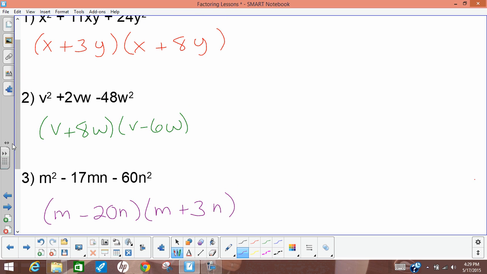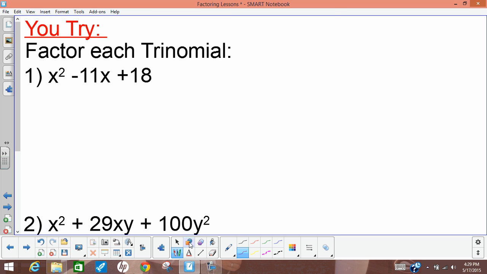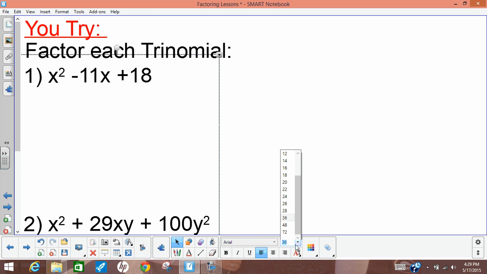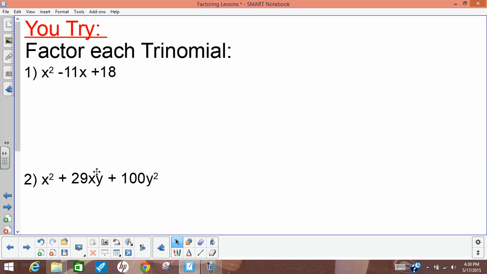Remember again, if you had either of those parentheses out of order, we're okay because it doesn't matter which order we multiply. So we've got two tries. Go ahead and give them a shot. We're factoring one regular trinomial and then one trinomial that has two variables that we just did on the previous slide.